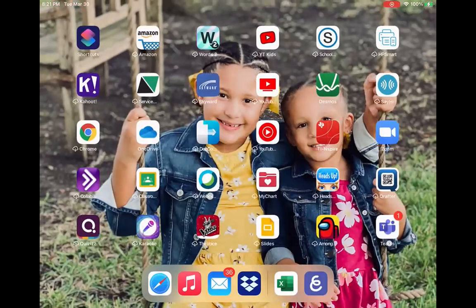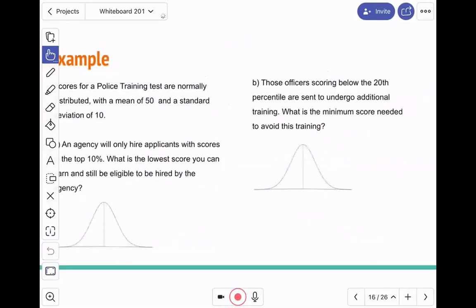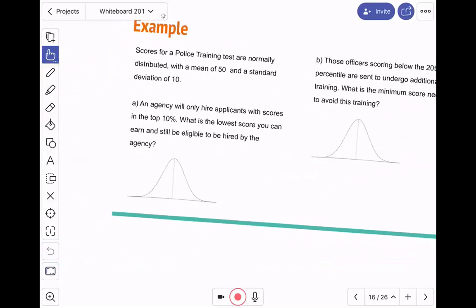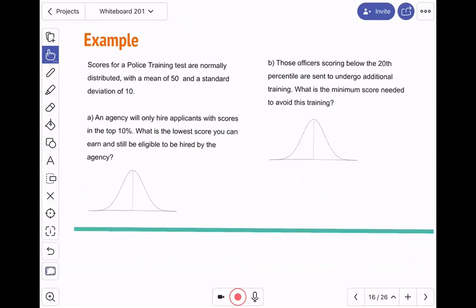Now that we can find probabilities, the next thing we should be able to do is go backwards. What I mean by that is I'm going to give you a probability or a percentage this time, and I want to know what z-score or what x value gave me that. So here's an example.